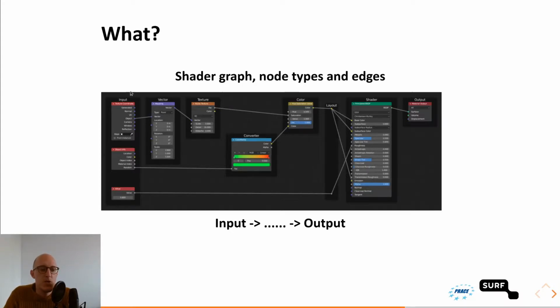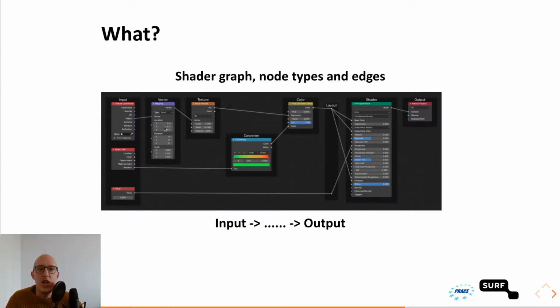The different types, I already explained to you the input node type, which is just a set of nodes with different values you can get from the scene itself. And the second type is the vector node type, which performs operations on vectors. For example, in this case, it is the mapping node, which transforms the input vector to a different location, orientation, and scale.